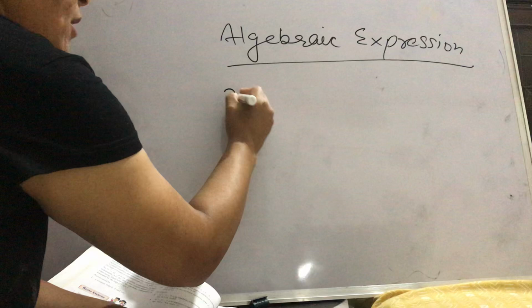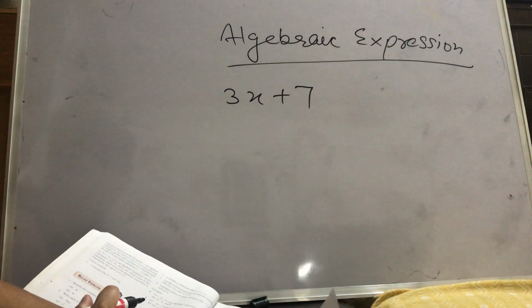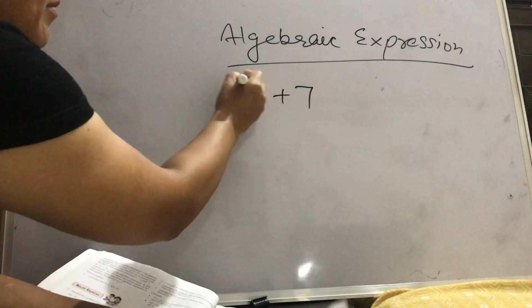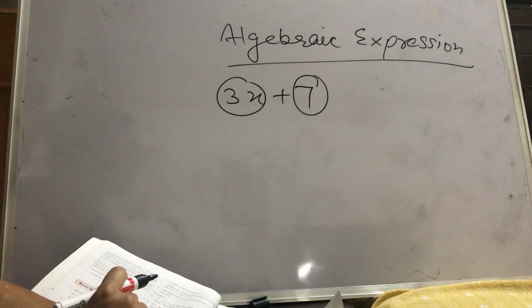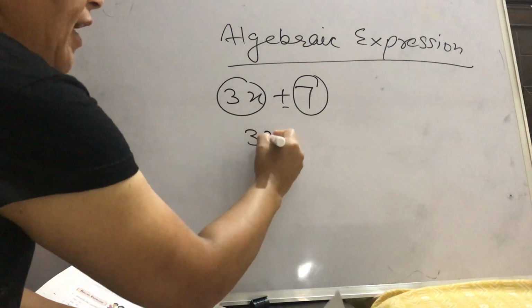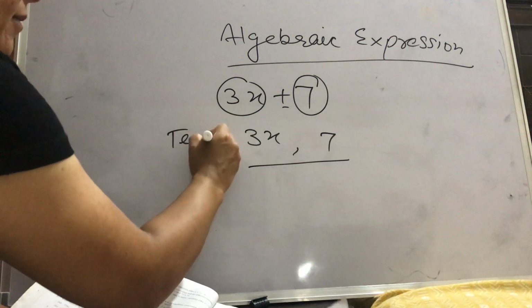As we have an expression 3x plus 7. This expression has two terms. The first term is 3x and the second term is 7. These two terms we can separate by the sign of plus, or we can write it like that, these are the two terms.